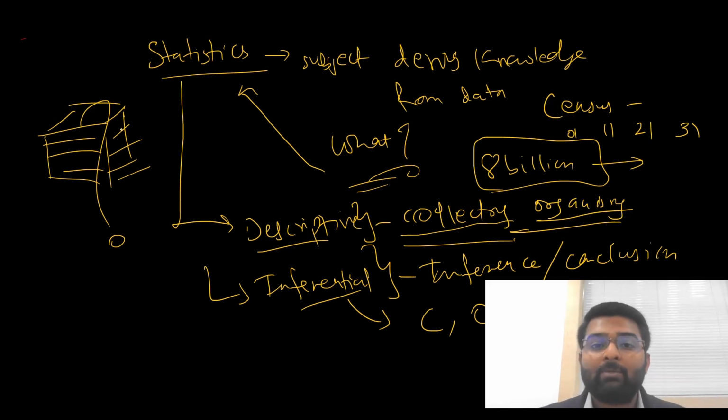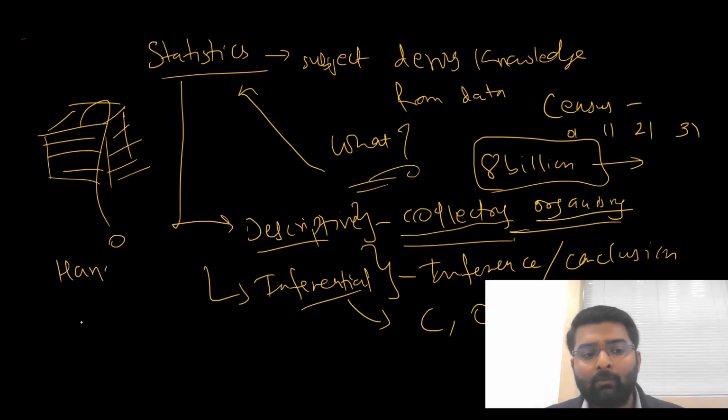For example, if I have this pile of census data, I collected it, I organized it, then I decided to analyze and conclude that, for example, the sex ratio in Haryana seems to be imbalanced. The education rate in Kerala is much higher. The unemployment in West Bengal is at its peak, so on and so forth. For example, the sex ratio in Rajasthan seems to be different as compared to the last decade.